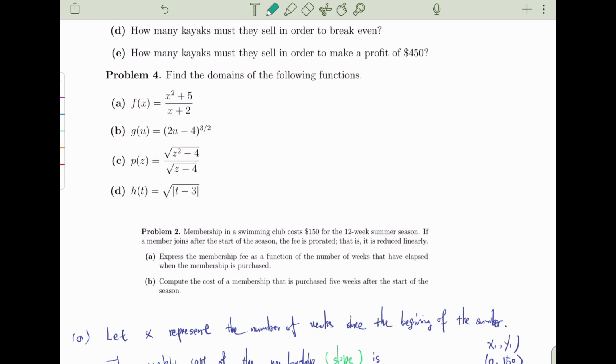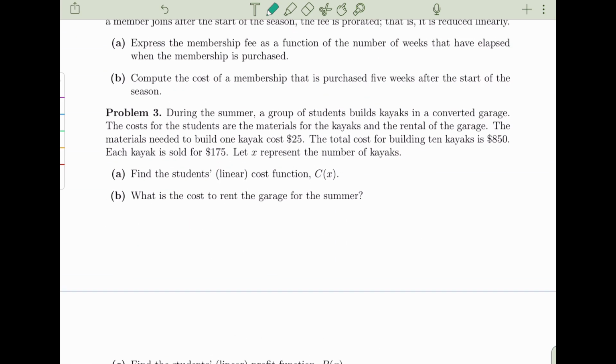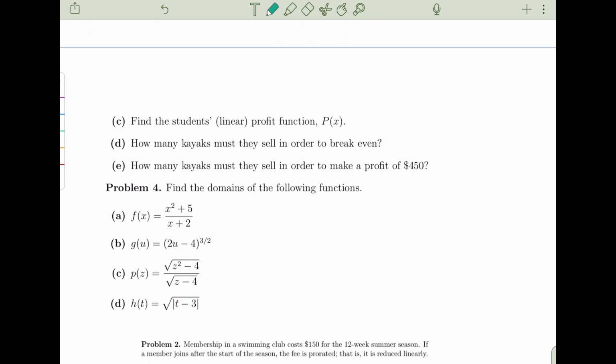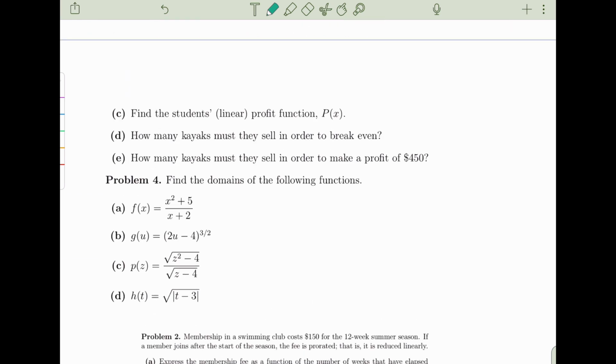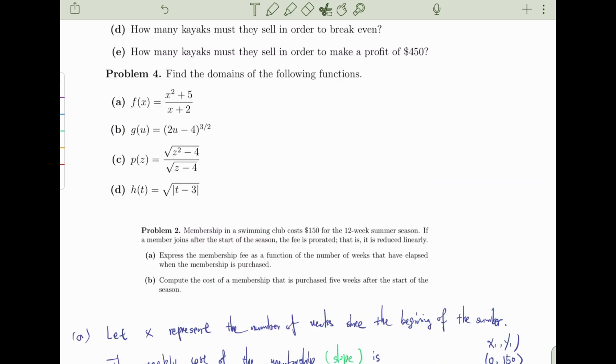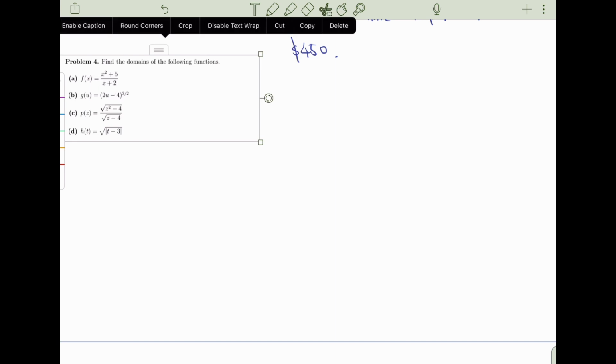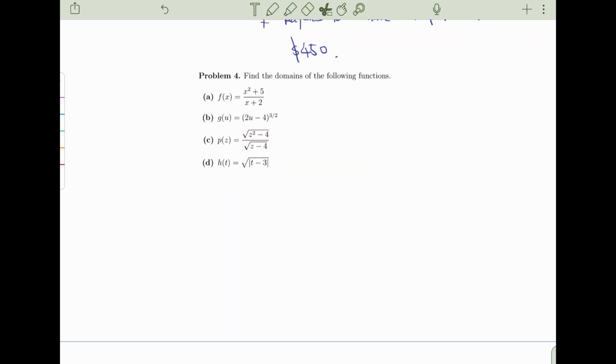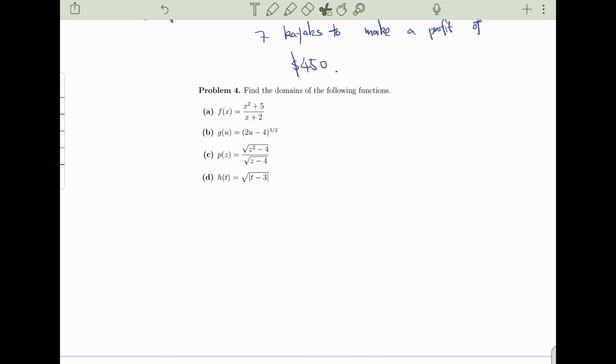Now let's take a look at the last question. Find the domain of the following functions. So that is a little bit different than the previous 3 questions. Okay, so let me remind you what a function is.